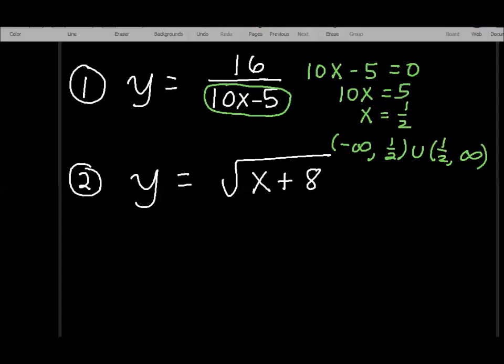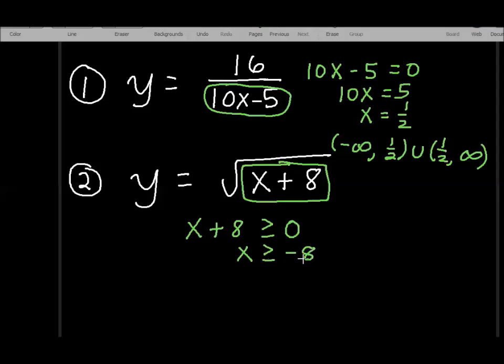Okay, now for this last one, that's a radical. It's this, x plus 8, that cannot end up being negative. So I'm going to solve this for all values where x plus 8 is greater than or equal to 0. So it's either positive or it's a 0. And of course, we end up with x greater than or equal to negative 8.